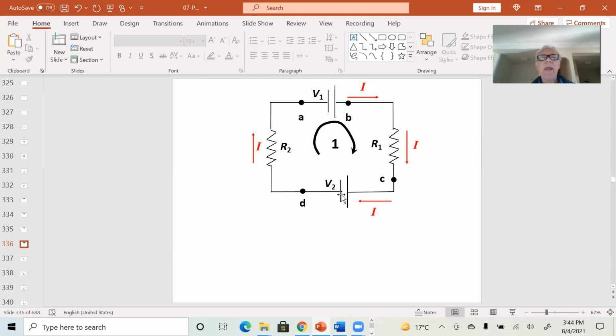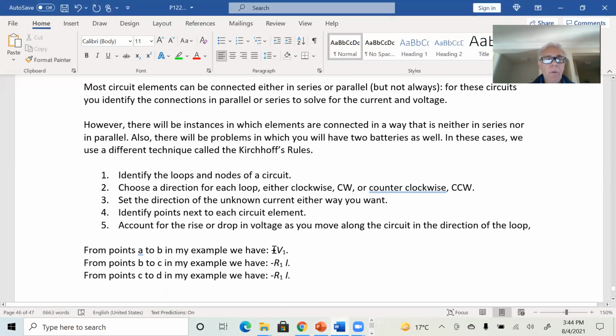So because of that, we have a drop in electric potential across this third element in the circuit. So we write it down: minus V2. That's V2, not V1, but V2.